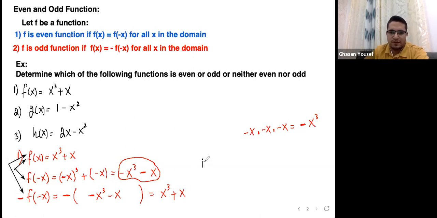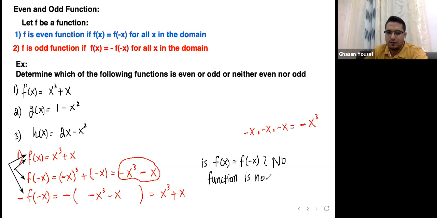So is f of x equal to f of minus x? f of x is x cubed plus x, and f of minus x is minus x cubed minus x. So they are not equal. So the answer is no. This means the function is not even.